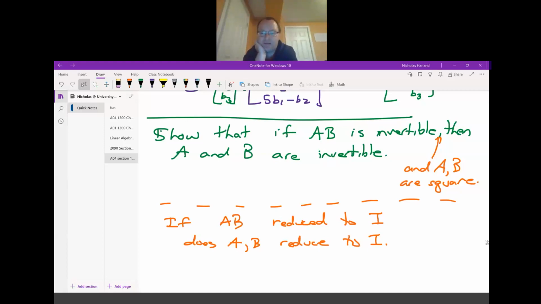Yeah, I'm not sure either. Unfortunately, showing something can be reduced to the identity usually involves taking the entries and starting to row reduce. So without actually knowing them, I'm not so sure that that's going to be the easiest property to work with.